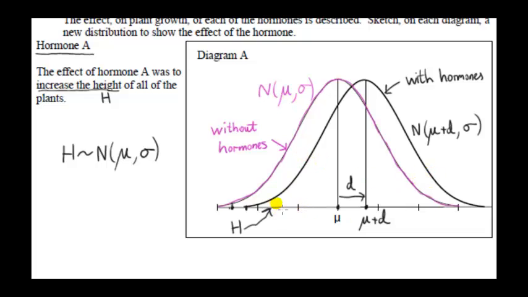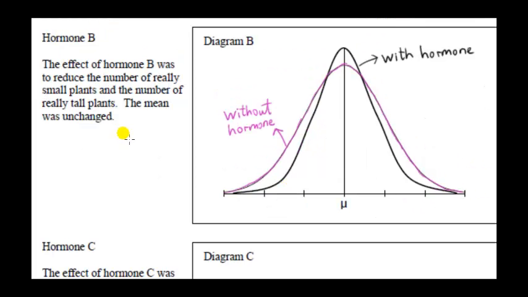So the heights of all the plants have increased, but they still follow the exact same shape as before. Now let's look at a situation after hormone B has been applied to a large sample of our original plants.